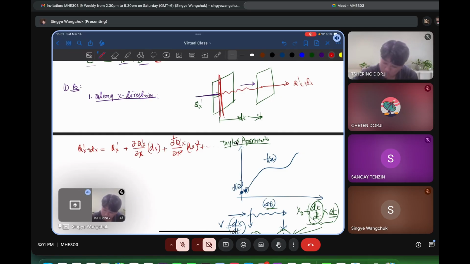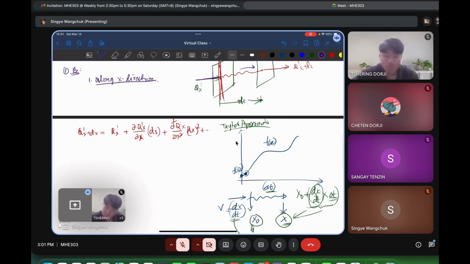However, we are just using the Taylor's expansion. So you know that this term will become smaller and smaller, so we can drop this term.